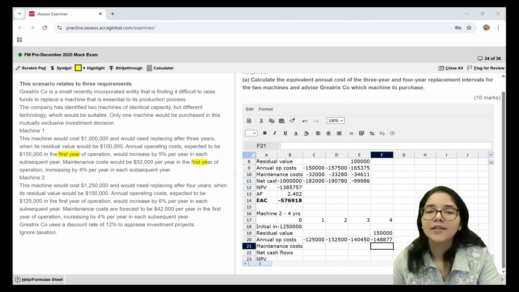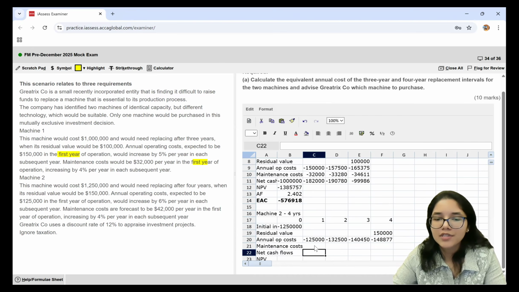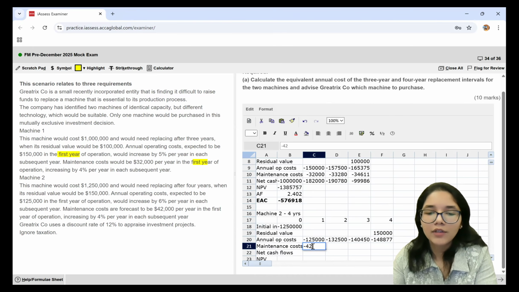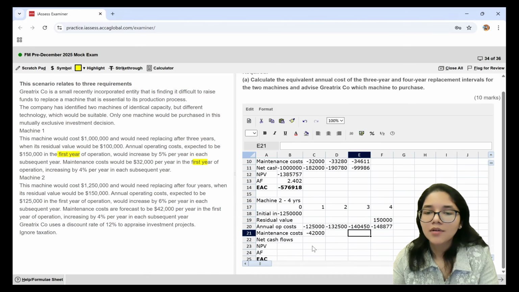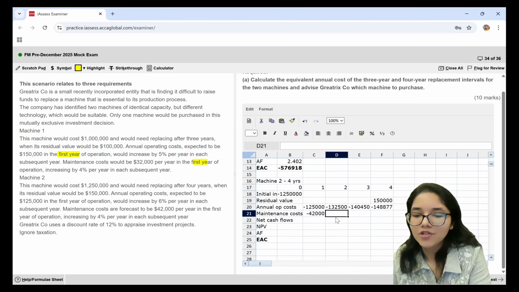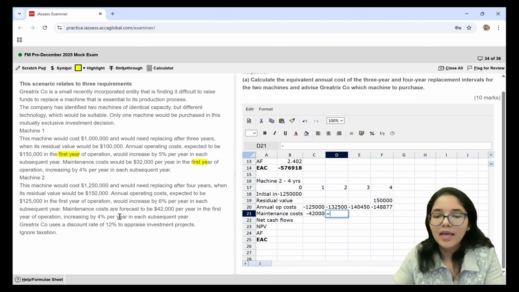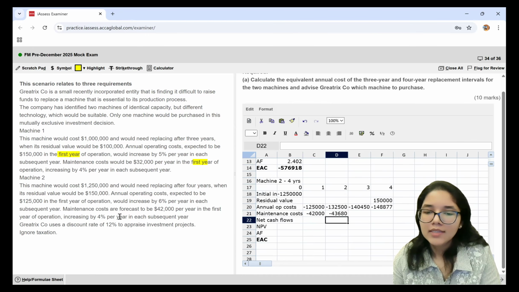Now the next thing I'm supposed to take is the maintenance cost. For the second machine it's $42,000 for the first year, so negative $42,000. And then I'll just apply the inflation. It's telling me the rate of 4%, so into 1.04.